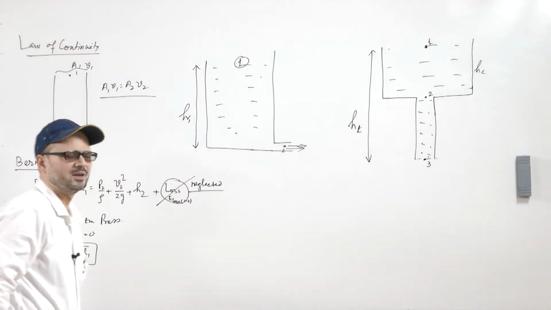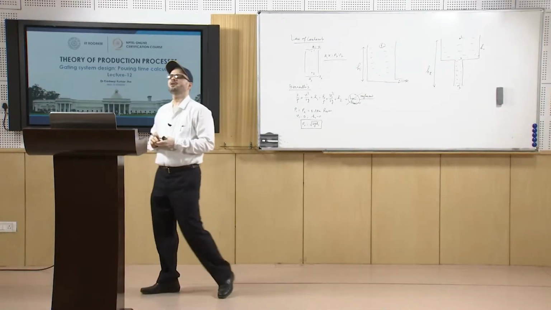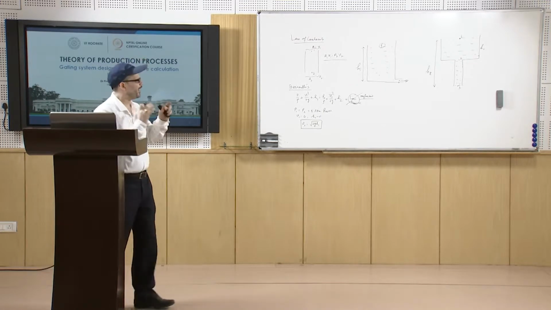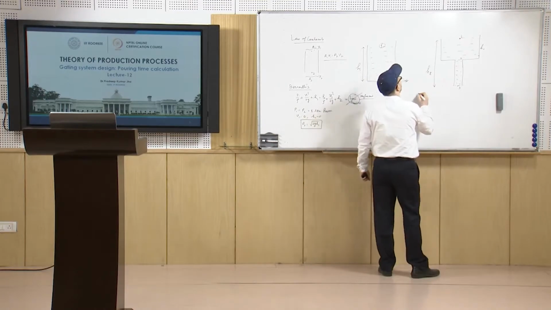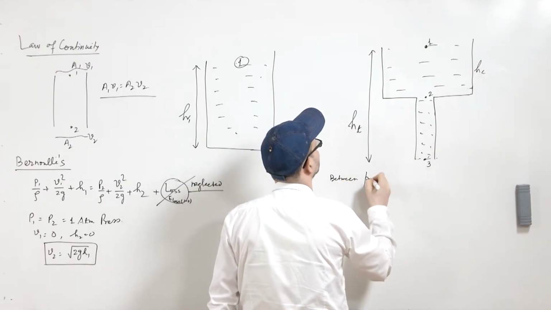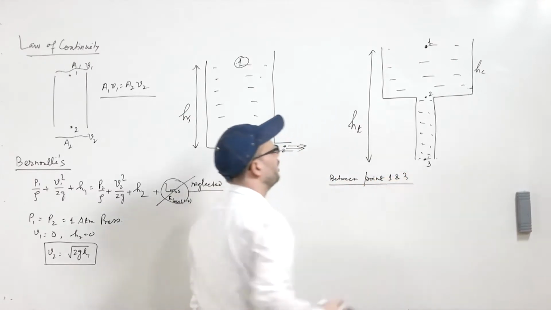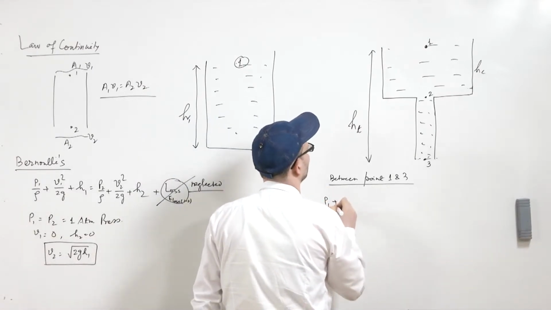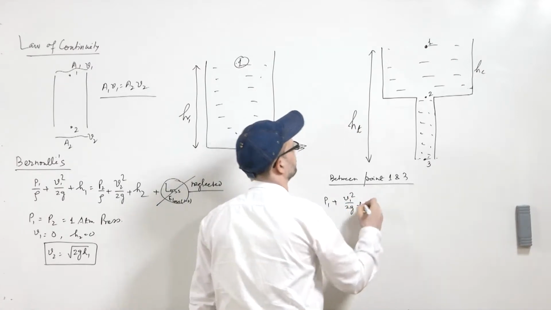Now, you have to apply Bernoulli's theorem between the points. Suppose you apply it between point 1 and 3. You will have P1 by rho plus V1 square by 2g plus H1.